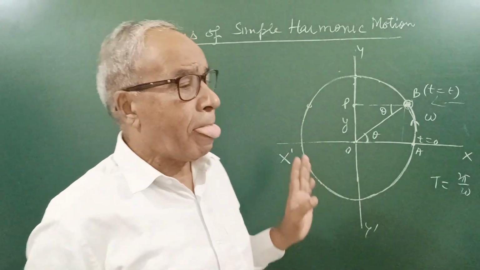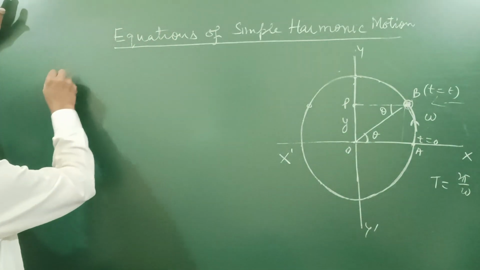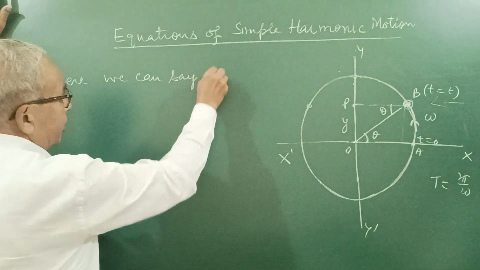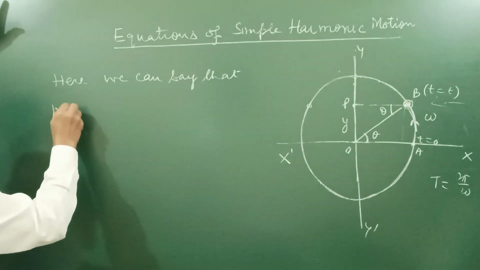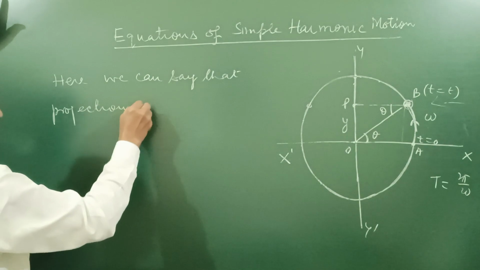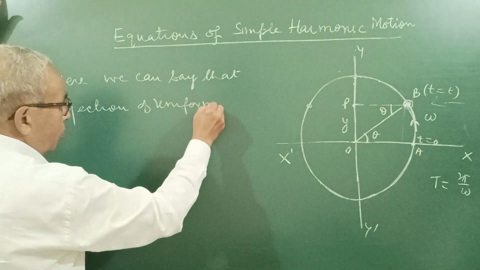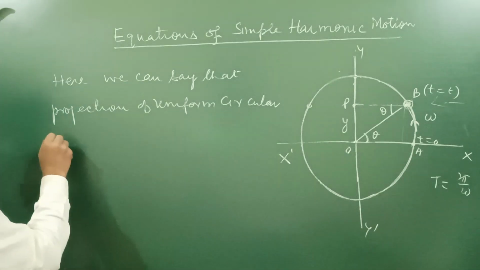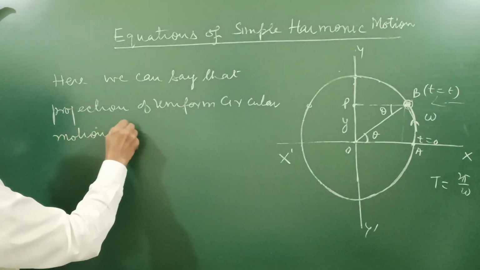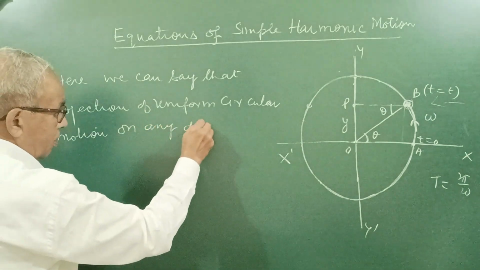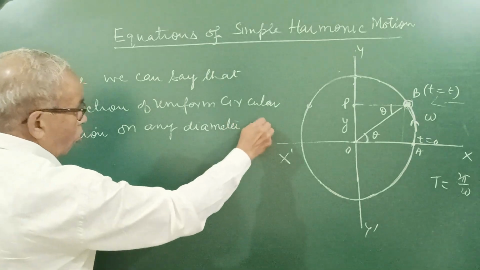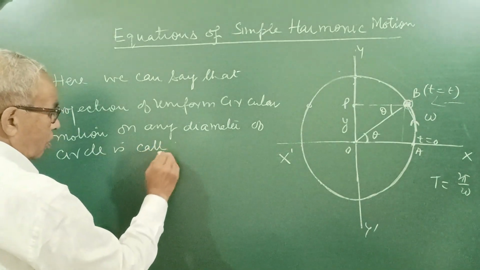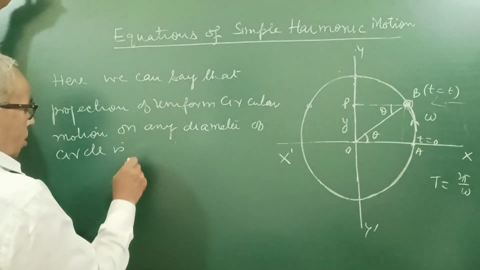From all this discussion, we can say that the projection of uniform circular motion on any diameter of the circle is called simple harmonic motion.